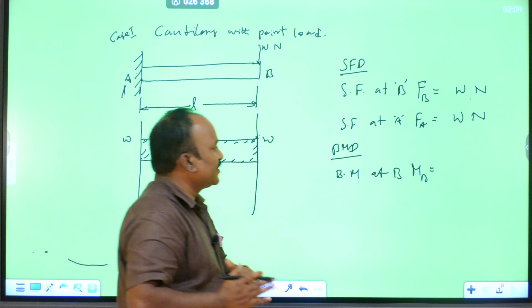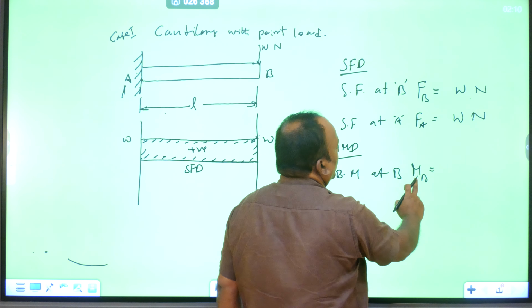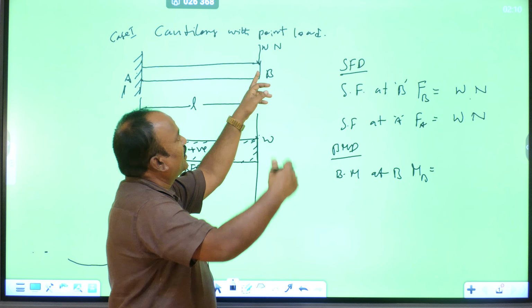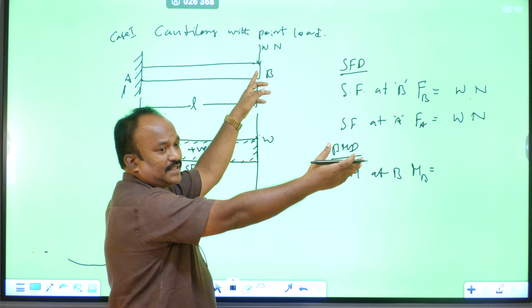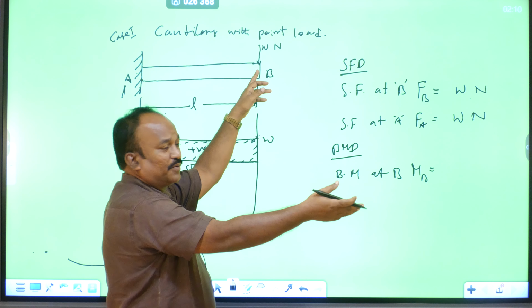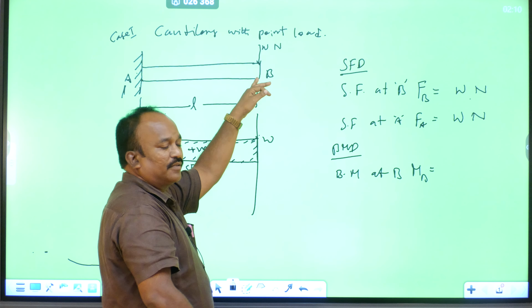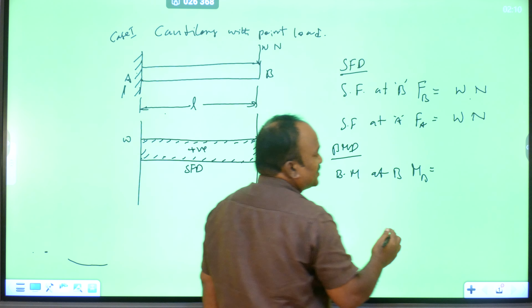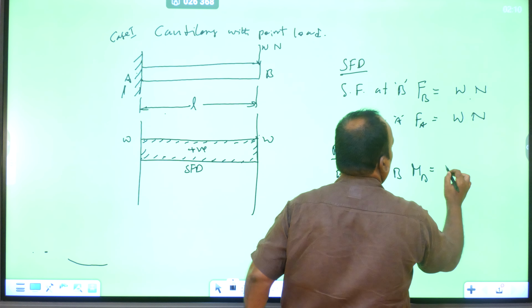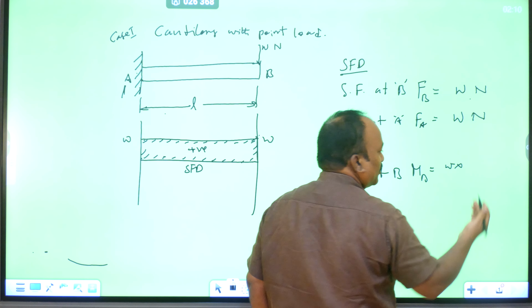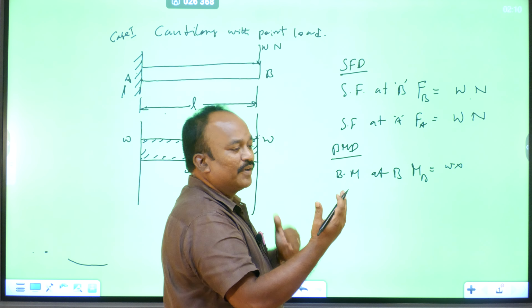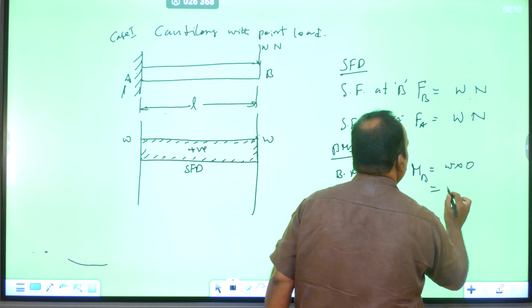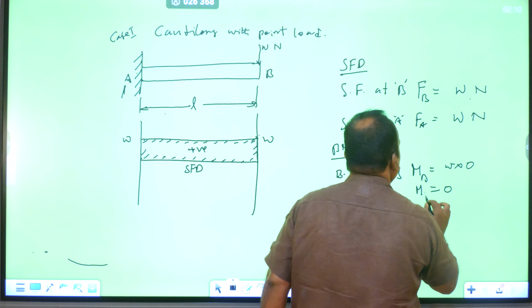At B, on the right side there are no forces, so zero. At point B the force W is there, but the distance is 0, so the bending moment at B is 0.